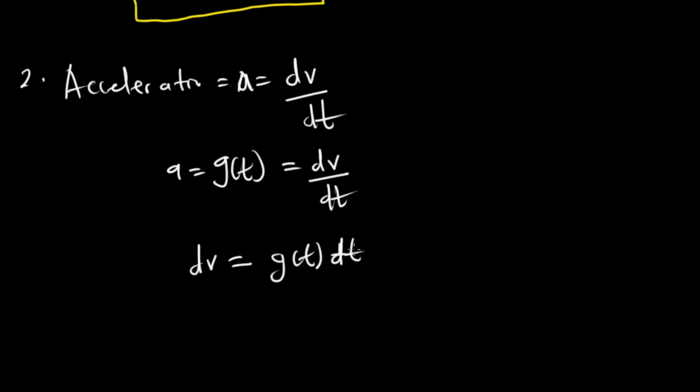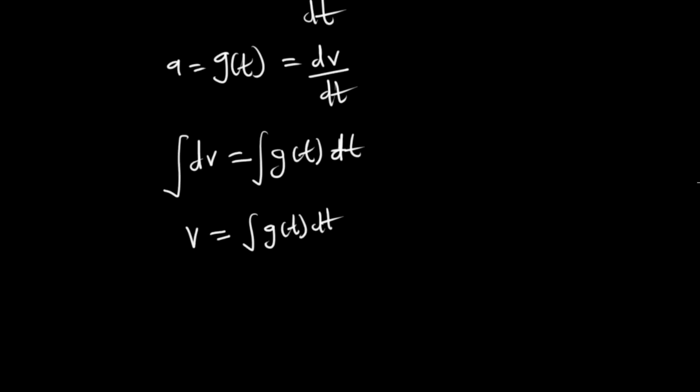Again, taking the integral of both sides, we're going to have our velocity v equal to the integral of g of t dt. And from our basic integration, we know that here we have v equal to, using the capital letter notation now, G of t plus c, which is the constant of integration.